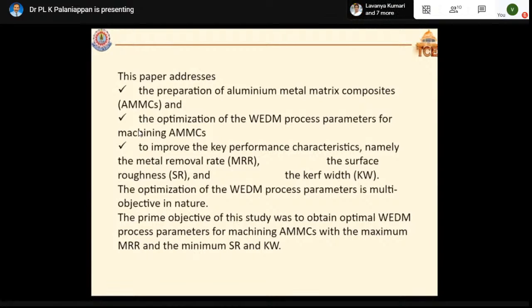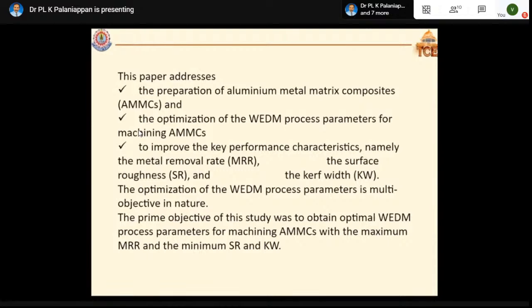So the optimization of the wire EDM process is multi-objective in nature. Just now I told you, we want to increase the metal removal rate to achieve machining economics. We want to bring down the cost of production, so we have to definitely increase the metal removal rate. The next one is the surface roughness. As I told you, we want to improve the surface quality, so we have to minimize the surface roughness. And if you want to achieve close tolerance, we have to minimize the kerf width.